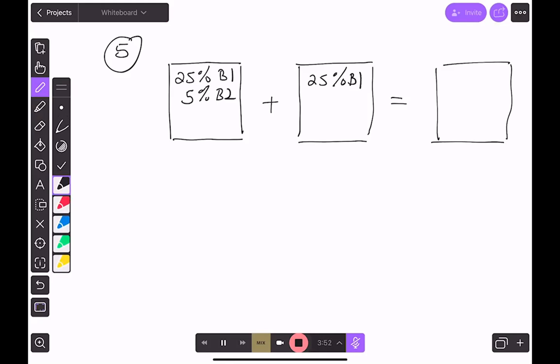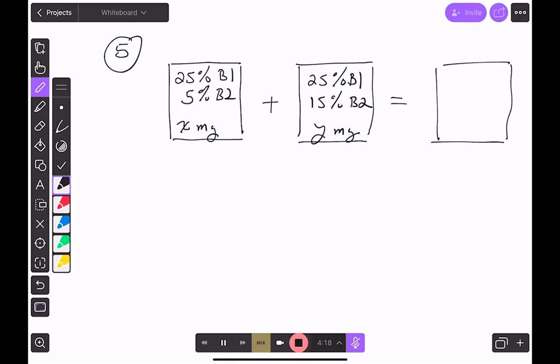And it is 15% B2. It goes on to say how many milligrams of each should be used. I don't know. So I'm going to say X milligrams and Y milligrams. Now, why am I using 2 letters? Well, because in this section, we're using 2 letters. All right, I think it's going to help me if I do that.